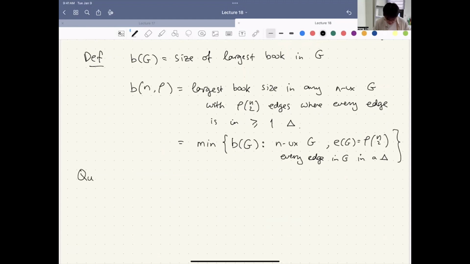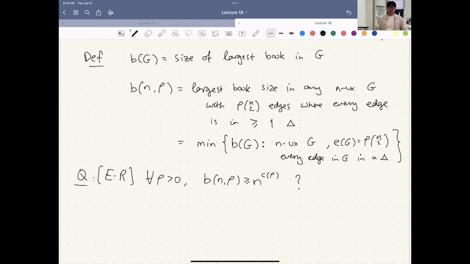The question: for every ρ bigger than 0, is B_n(ρ) at least n to some constant depending only on ρ?